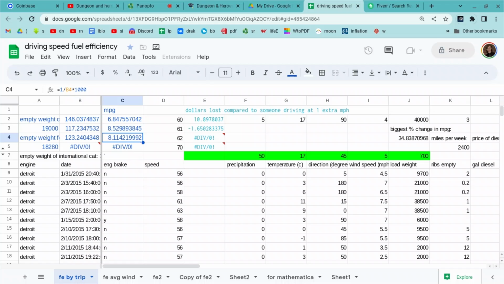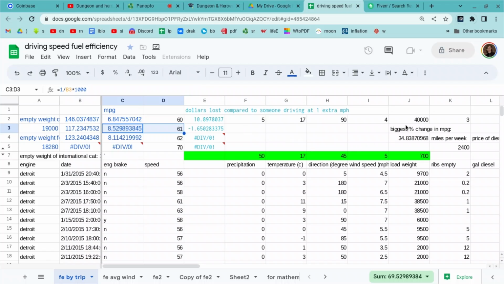The tires are not efficient at that speed, so they're probably going to wear faster. Every component is working harder per mile, so it's not just diesel you're losing. So you run at 61 and it's optimal.